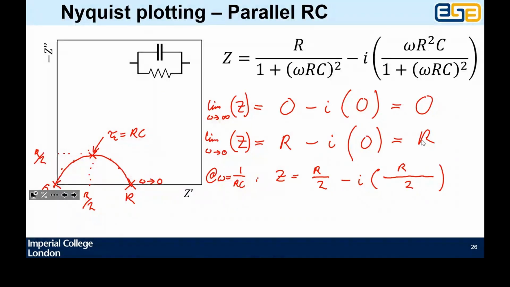The peak of that semicircle is at the characteristic time, and that goes back to the wobbling bus, where at a particular frequency, you will find the sort of resonance, the point where it's most out of phase. And that's what you're looking at here. And so you've got a process, and it's got a characteristic timescale. You have to probe that frequency in order to see that process, otherwise you won't see it.